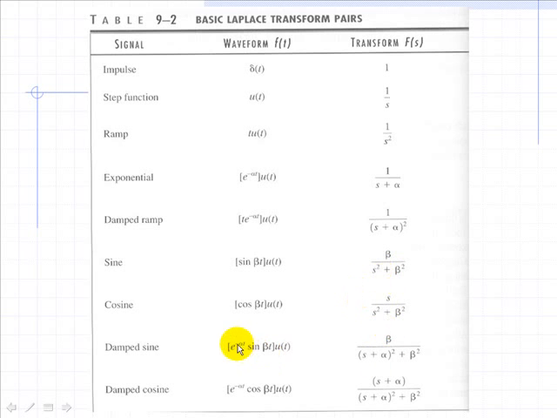So the damped sinusoid is beta over s plus alpha, squared, plus beta squared. Likewise for a damped cosine, we're multiplying by a decaying exponential, and wherever there's an s, you substitute s plus alpha. So we covered some of the basic and important properties associated with the Laplace transform, and we took a look at most of the important basic Laplace transform pairs.